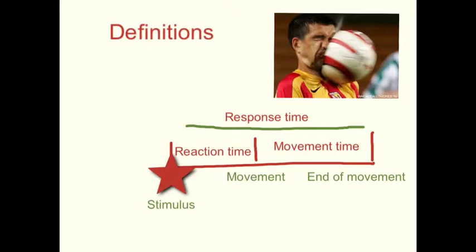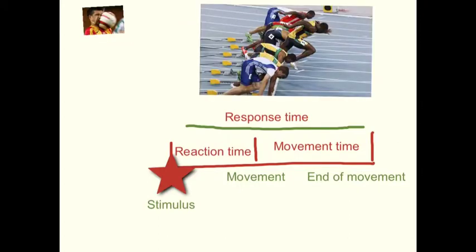So let's get rid of these pictures and add in an example, the obvious being a 100-meter sprint. Often the exam questions like to use a swimming start in a sprint swimming race, but it's the same thing for a 100-meter sprint. So what we have is the presentation of stimulus, which is the gun, or the buzzer if it was swimming.